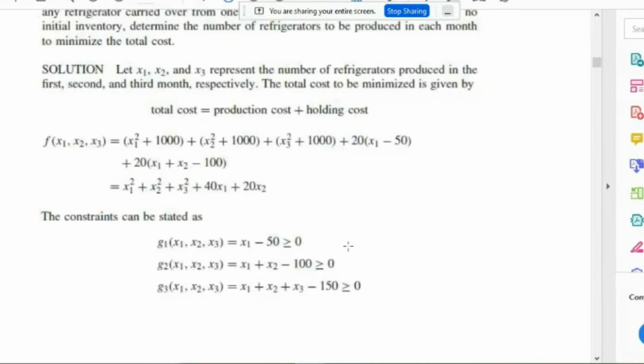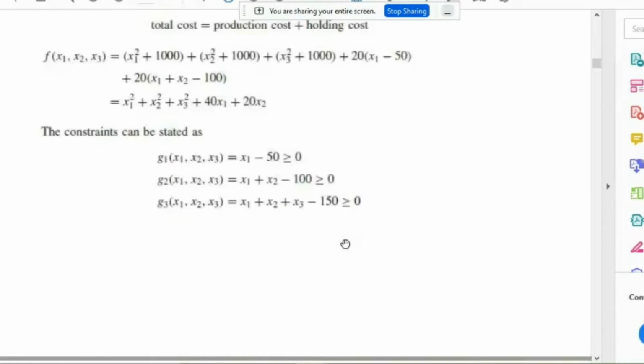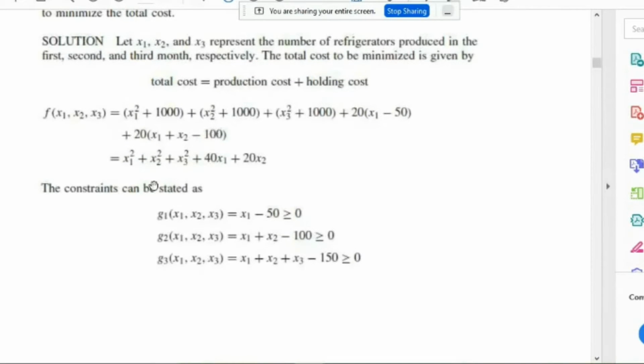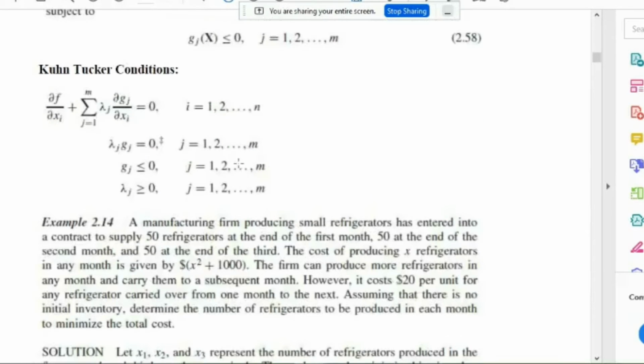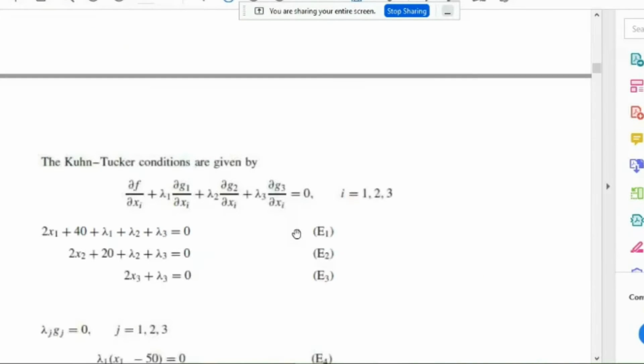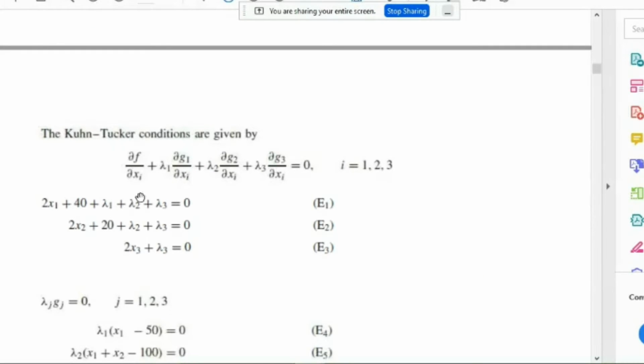From this, by using Kuhn-Tucker conditions, as the given constraints are greater than or equal to type and the objective function is a minimization type, for all these types of problems, these are all the 4 Tucker conditions. With respect to the first one, we need dou f by dou xi plus lambda 1 dou g1 by dou xi plus lambda 2 dou g2 by dou xi plus lambda 3 dou g3 by dou xi, with respect to each variable, x1, x2, x3, so 3 expressions.